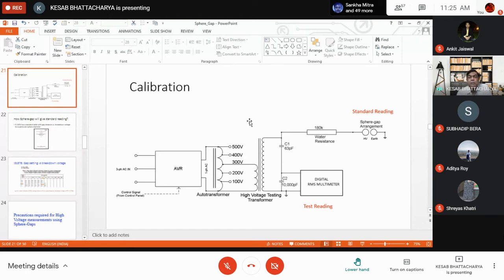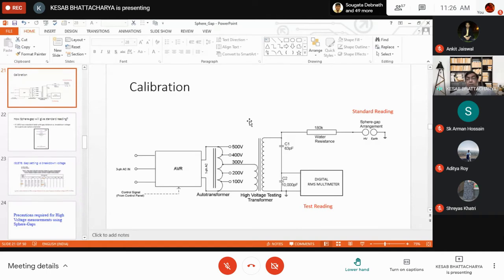Depending upon the voltage on the LT side of the testing transformer, we shall get a definite output voltage on the high tension, or high voltage, side of the testing transformer.